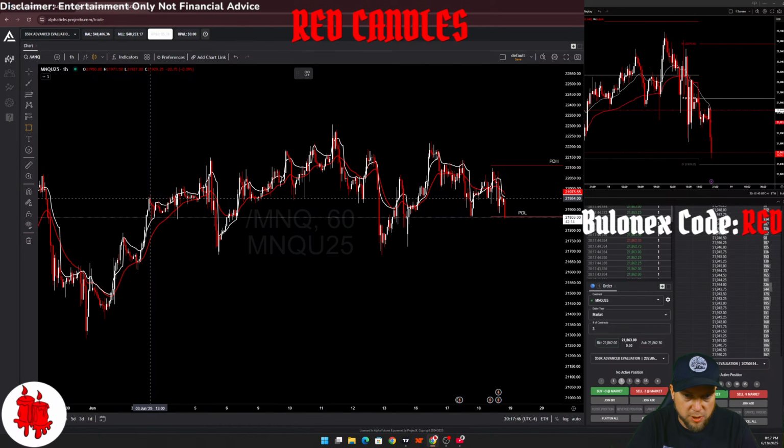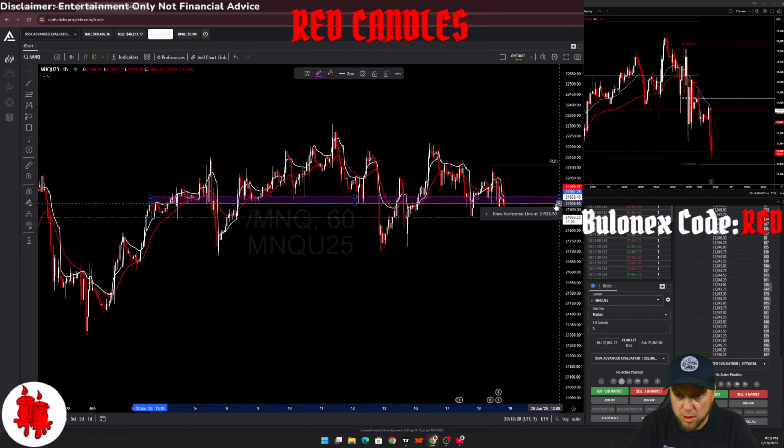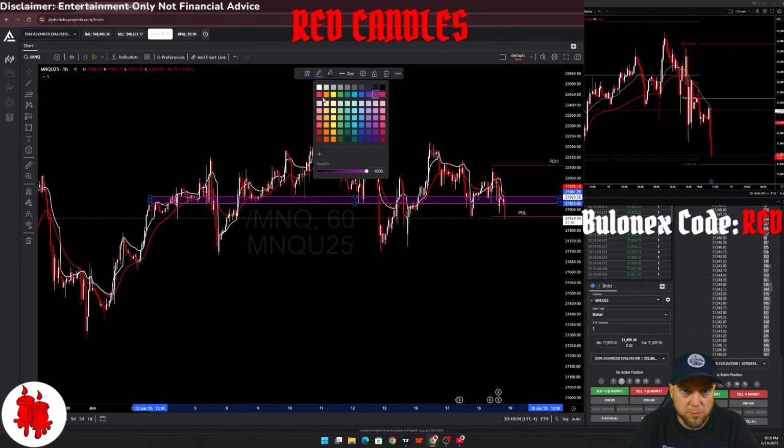Normally when we come to this line right here, if we pass it, we're bullish. If we go below, we're bearish. So this will be kind of the main price area. Let's make that red because I do not like that. Purple.